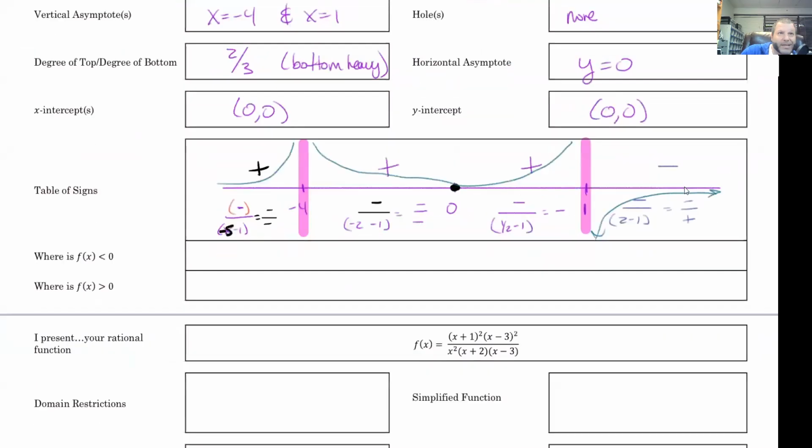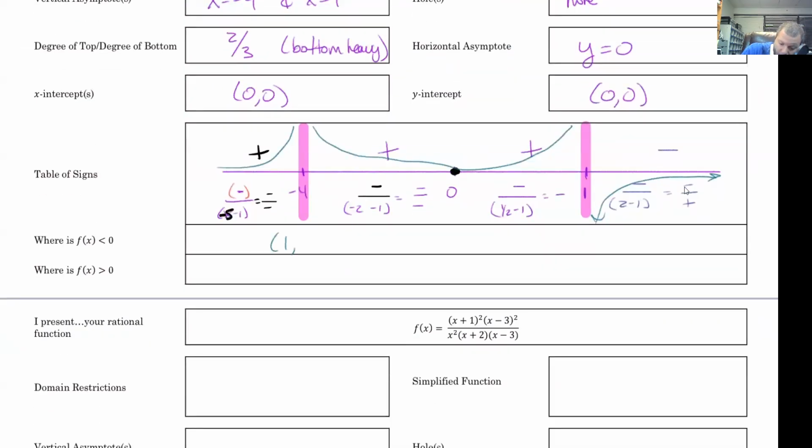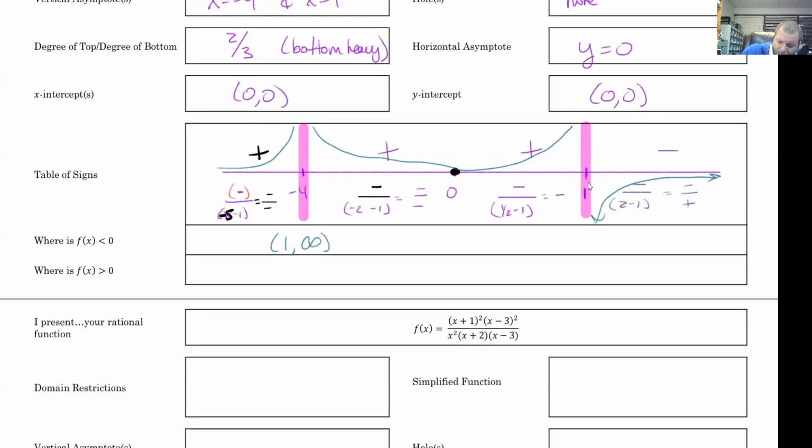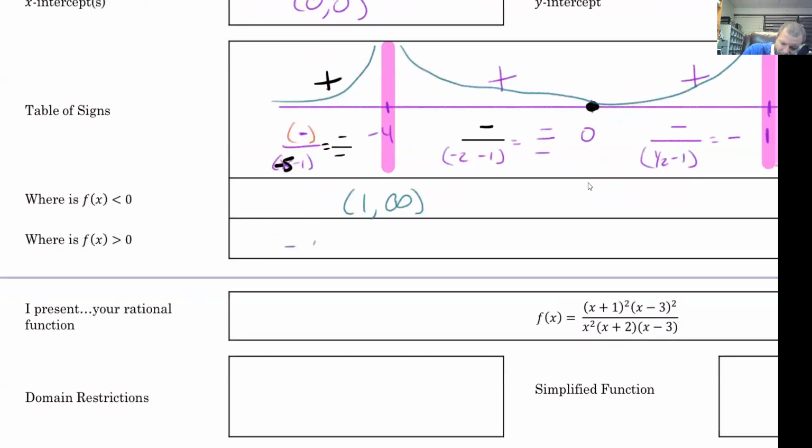So where's the function less than 0? Only between 1 and infinity. Now, you want to be a little careful about how you write where it's greater than 0. You don't want to say negative infinity to 1. I would get what you'd mean, but you'd be wrong there because we're greater than 0 from negative infinity all the way up to negative 4, but we're not positive at negative 4. We have that vertical asymptote there.